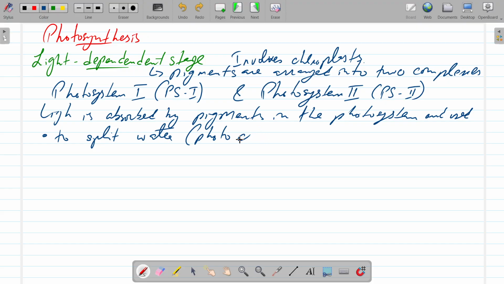That is one word, by the way. Write it closer. Photo meaning light and chemical meaning chemical. So it's a chemical reaction that involves light. So water is split. That's a photochemical reaction.